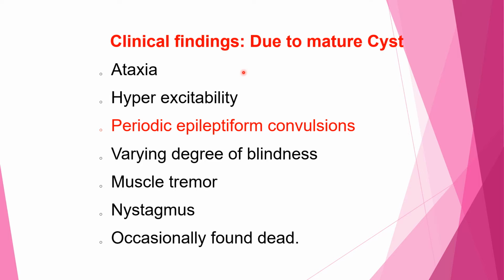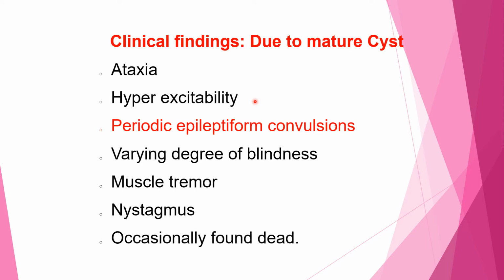Now, clinical findings due to mature or settled cyst. The constant symptoms observed are incoordination of movement, ataxia, a jerky or wavy movement. The animal remains in a hyperexcitable state. Generally, animals do not respond violently to normal stimuli.